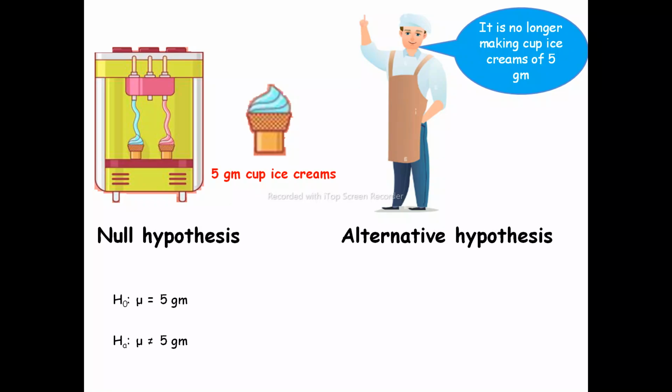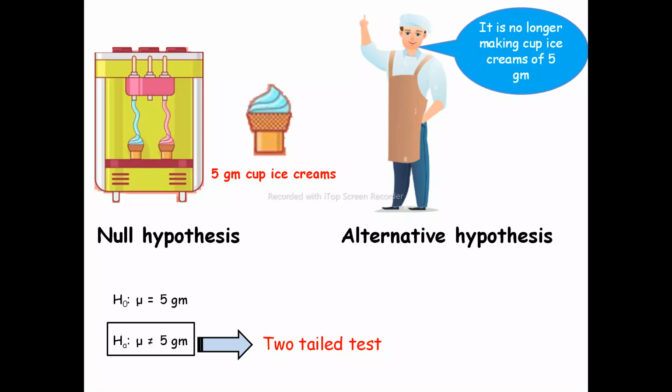Whenever the alternative hypothesis doesn't equal some value, then you are going to have a two-tailed test. Listen to this point very carefully and try to remember this. Whenever the alternative hypothesis doesn't equal some value, then you are going to have a two-tailed test.